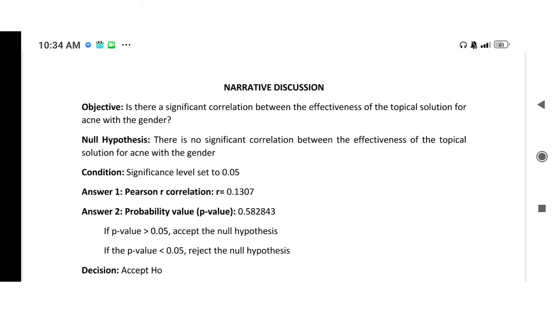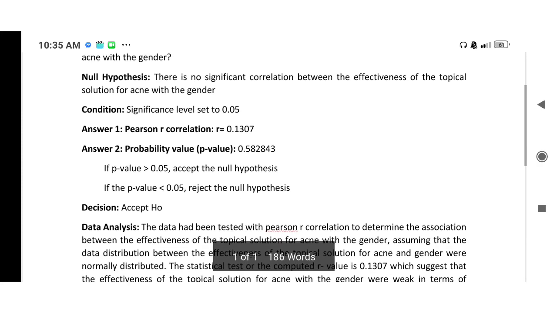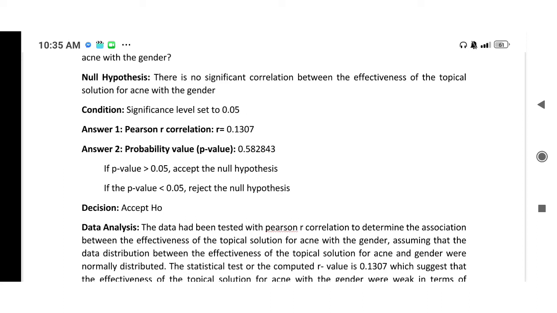So to sum up the results, this is the narrative discussion. Objective: is there a significant correlation between the effectiveness of the topical solution for acne with the gender? Null hypothesis: there is no significant correlation between the effectiveness of the topical solution for acne with the gender. Condition: significance level set to 0.05.